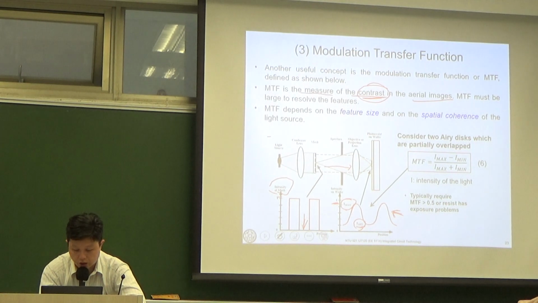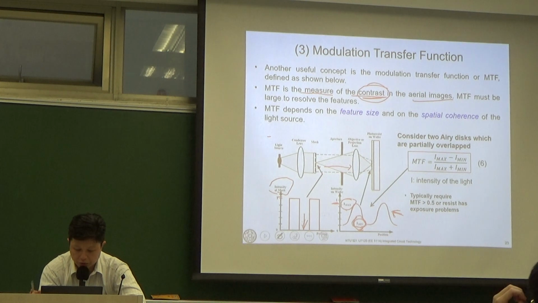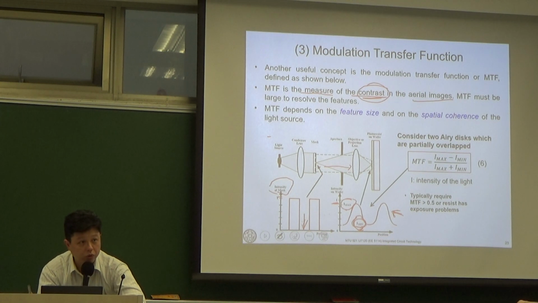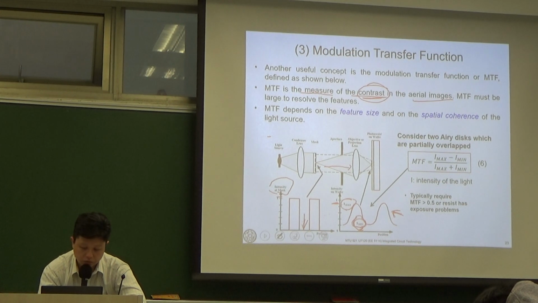But right now you have certain intensity at a position where we don't want any light. That means it has some chance to expose that area, which means the pattern will not be the same as the one that you design on your mask.